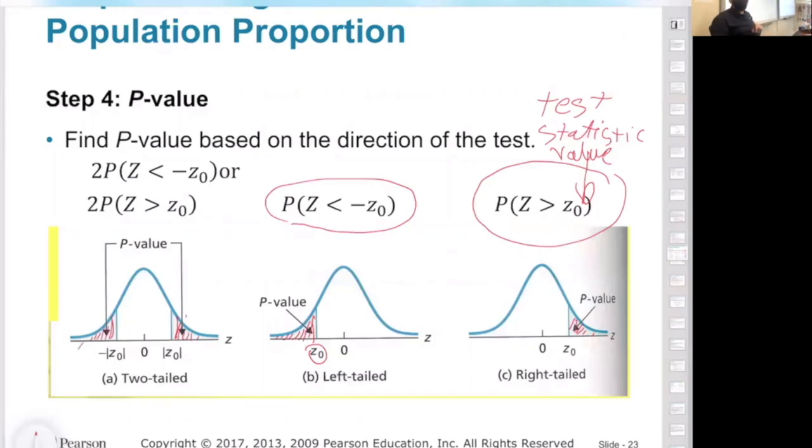And do you know that this area is equal to this area? So once you find one of them, you can just multiply it by 2, so you have both. If the test statistic value is negative, you will use this one. If it's positive, you will use this one. So these are the different calculations for the p-value based on the direction of the test.